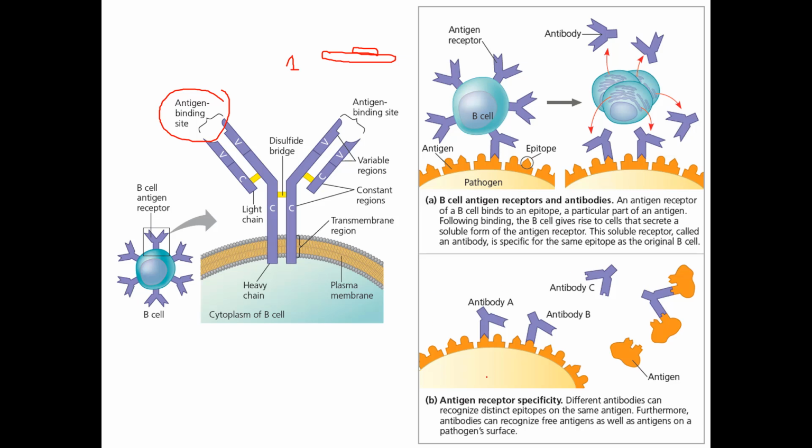And there are various antibodies, say suppose antibody A, B and C, and antibody A will recognize only one particular kind of epitope, say suppose this conical one. Antibody B on the other hand will recognize this circular epitope, and antibody C will recognize a different kind of epitope. So each antibody is very specific, and it will recognize only one particular kind of epitope.